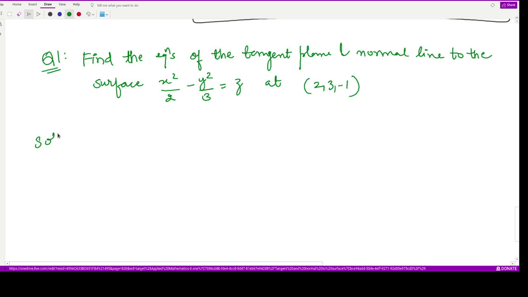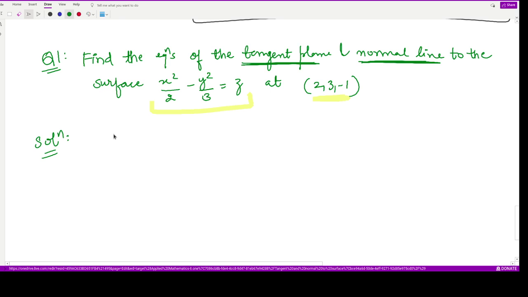So here you see the equation of the surface is given in x, y and z coordinates, and the point is given to be this. At this point, to this particular surface, we have to calculate the equation of the tangent plane and the normal line.